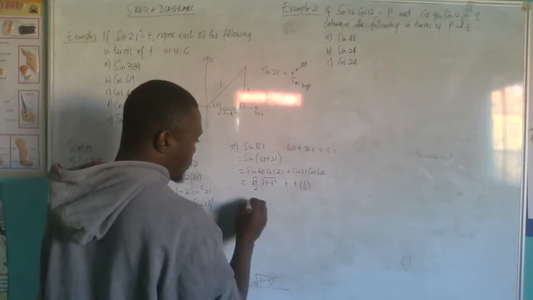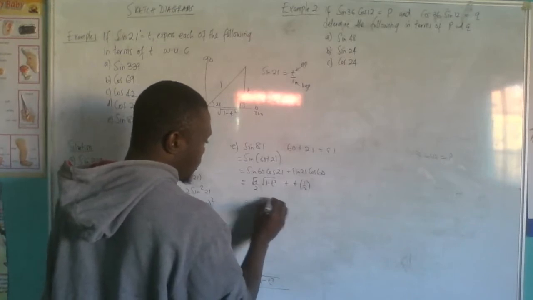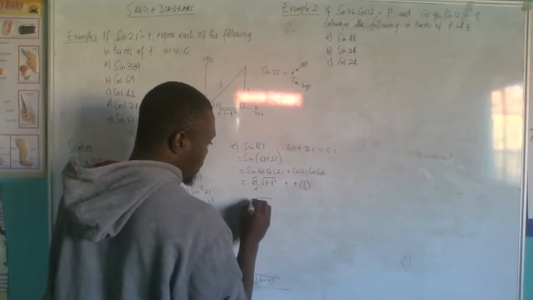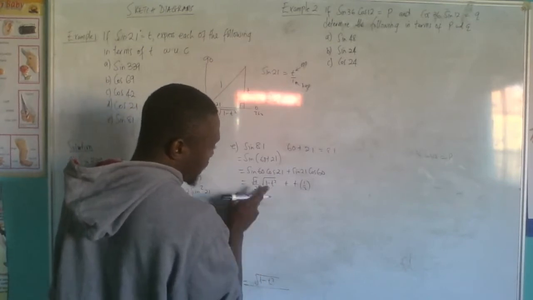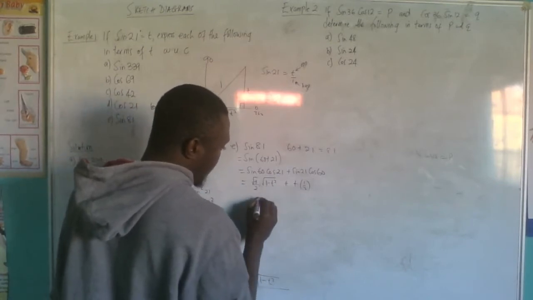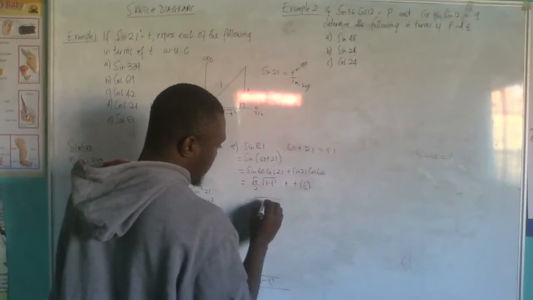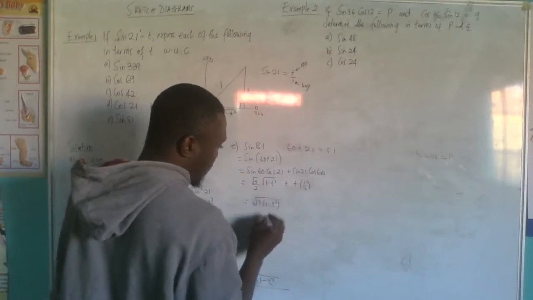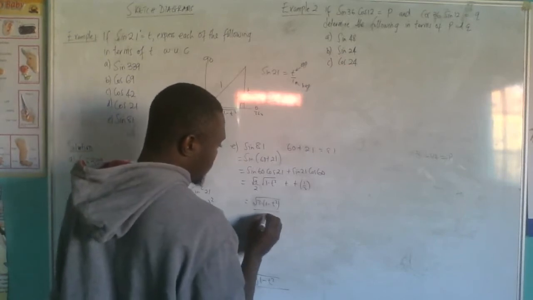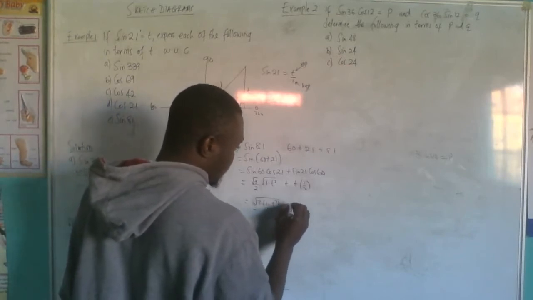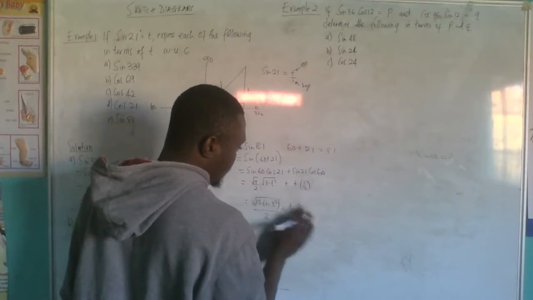Then all I need to do is simplify. Root 3 times that, I can put the 3 inside because they are both square roots, so root of 3 times 1 minus t squared, over 2, plus t over 2.